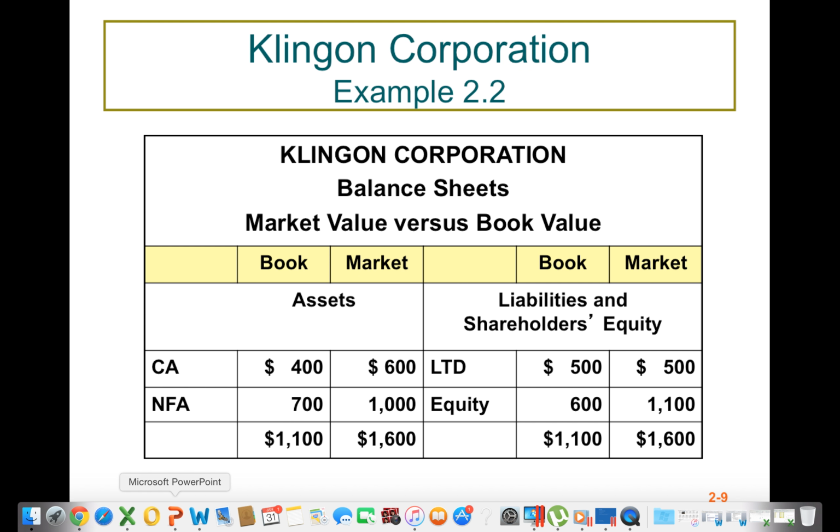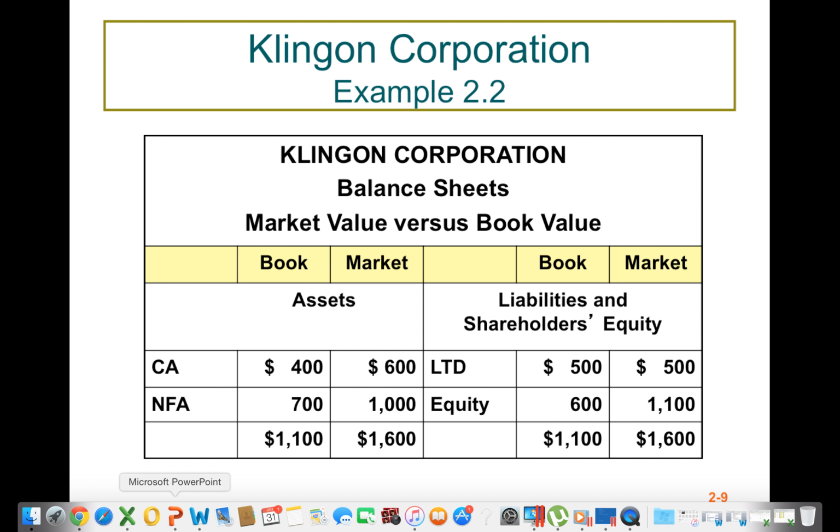So at one point, again, I hope this is current in your textbook, there was an example, 2.2 on Klingon Corporation. And here you can see there's a balance sheet noting the distinctions between the market value and the book value for assets, net fixed assets, long-term debt, and equity. And there's some things that we could talk about in depth as far as this particular example.